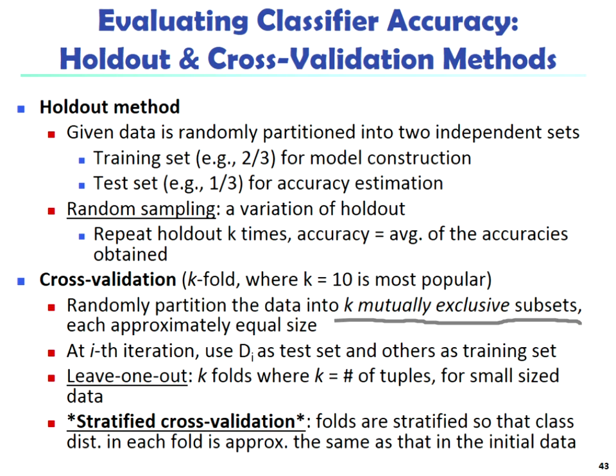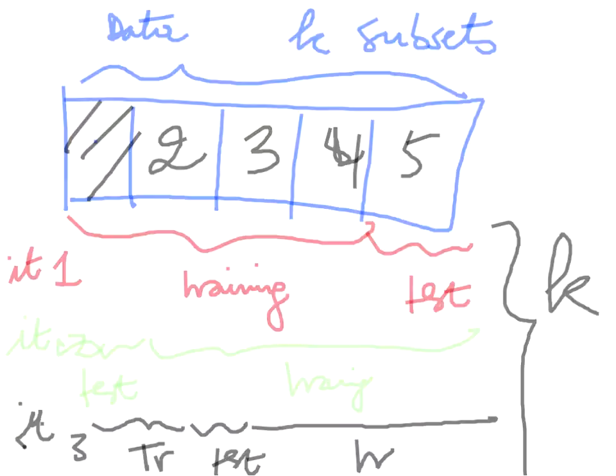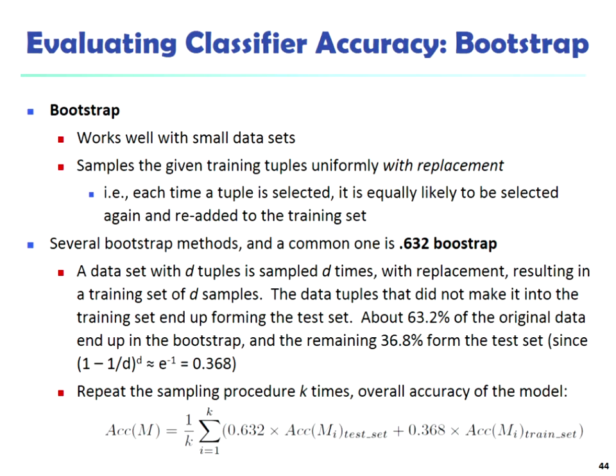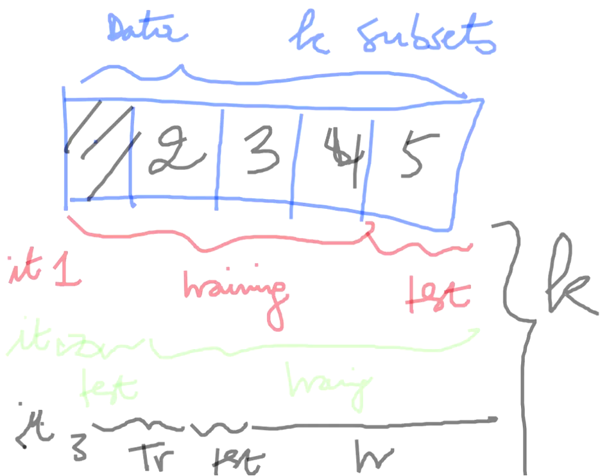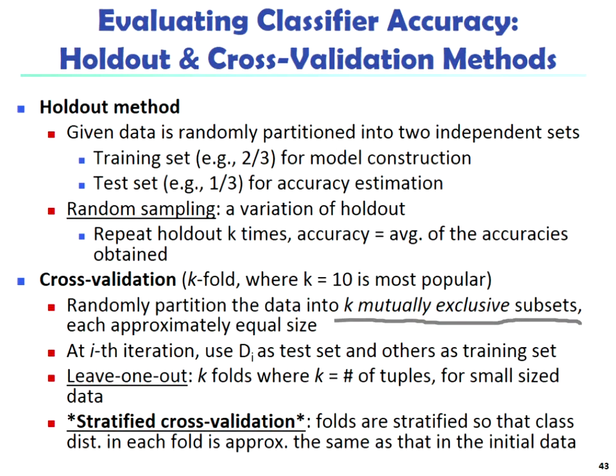We can use the holdout method with random sampling, cross-validation, or in cross-validation we can use leave-one-out. We can use stratified cross-validation. Also, bootstrap is an example of evaluating classifier accuracy.